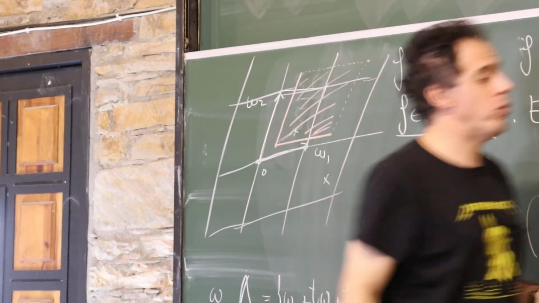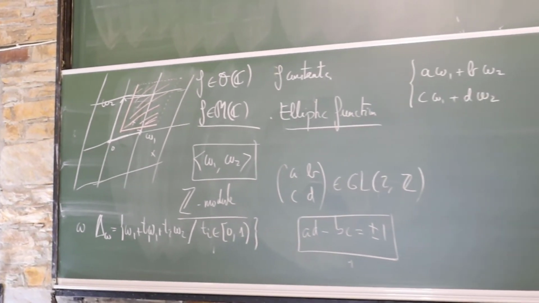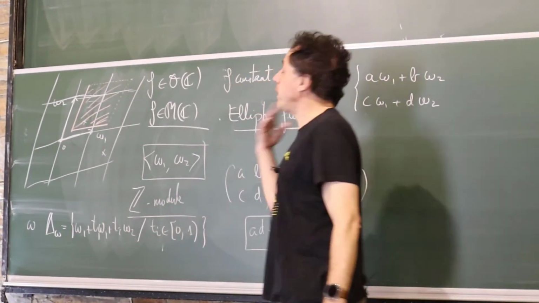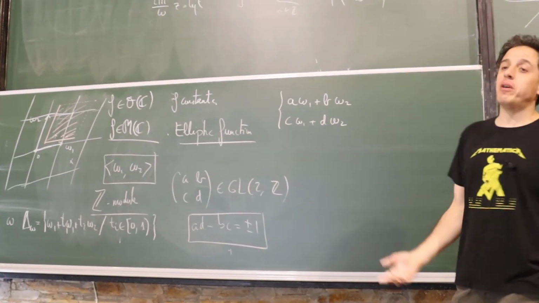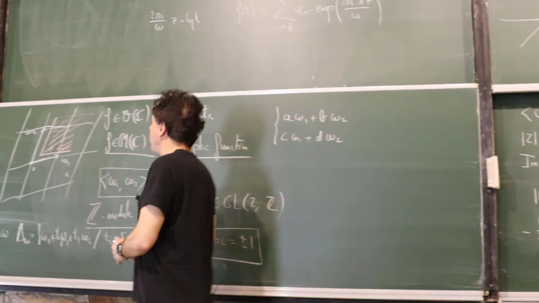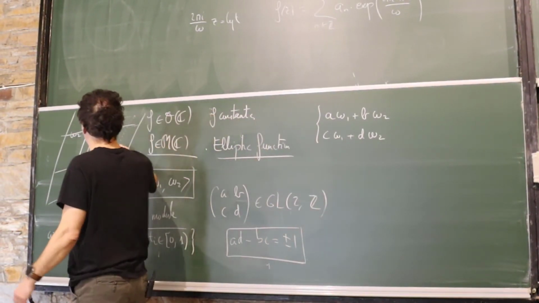So these fundamental parallelograms are the good domains to study functions. By the way, I'm not going to speak about that. There is a geometrical way of having a look at this function. It is the following. The function is repeated everywhere, so we have only some interest in this parallelogram.